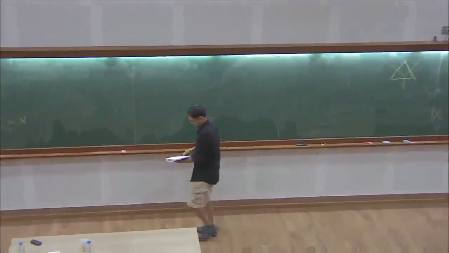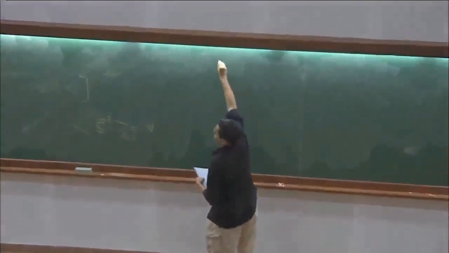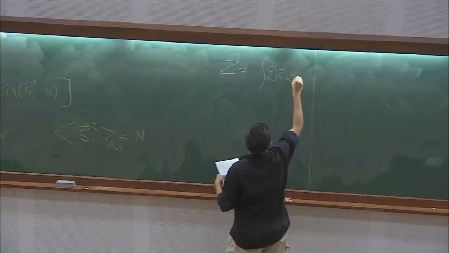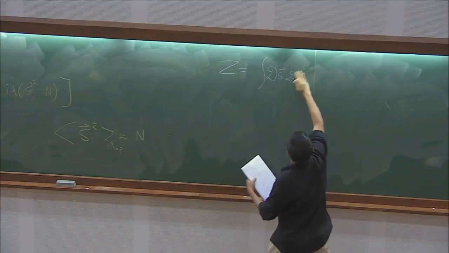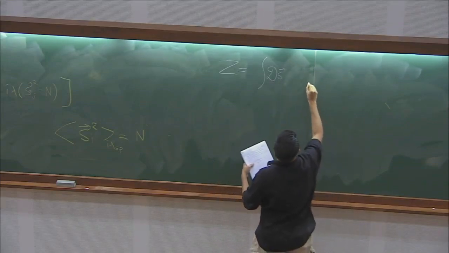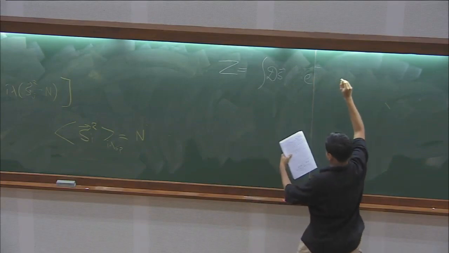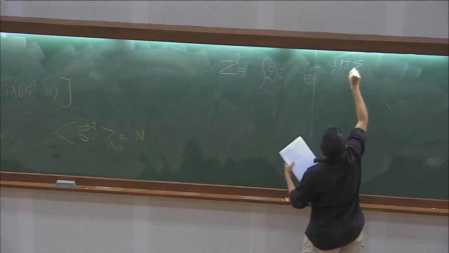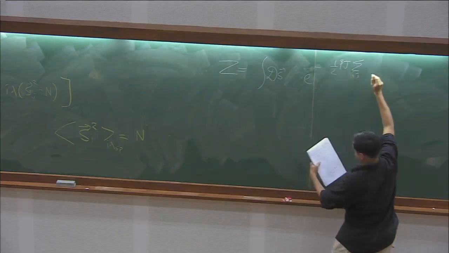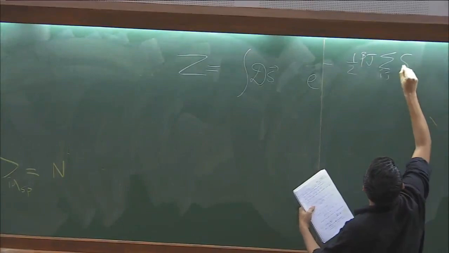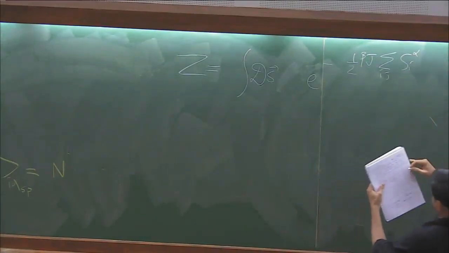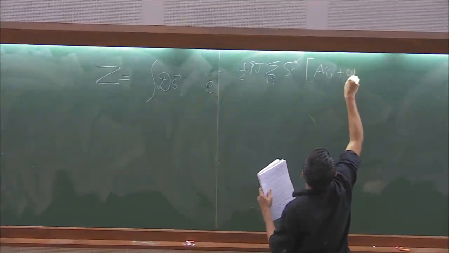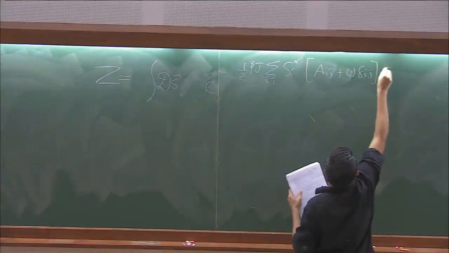So let's write it in matrix language. The partition function looks like, so you can forget this now, and you basically have e to the minus, let's write it as a matrix, sum over ij, S_i alpha, times E_ij plus some constant times delta_ij, S_j.